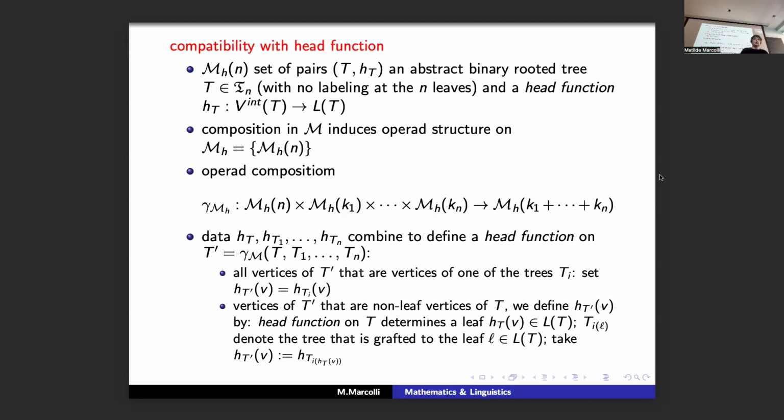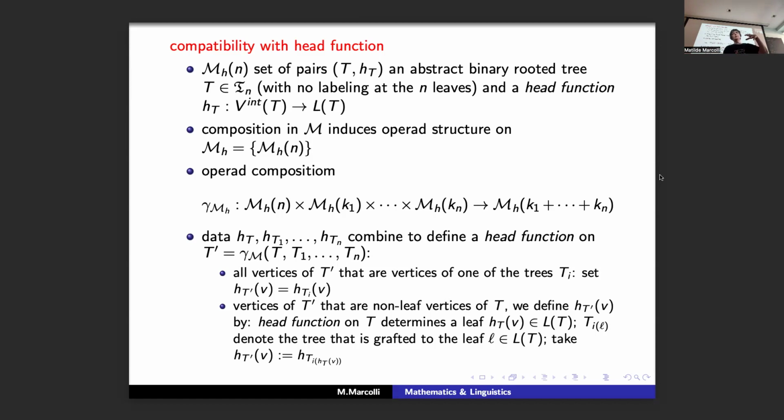And so you want to somehow keep track of this also if you think of these operations where you plug in your syntactic objects into this kind of operad structure.